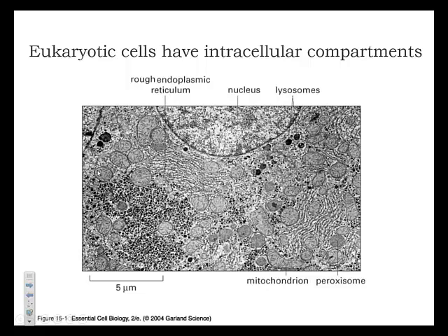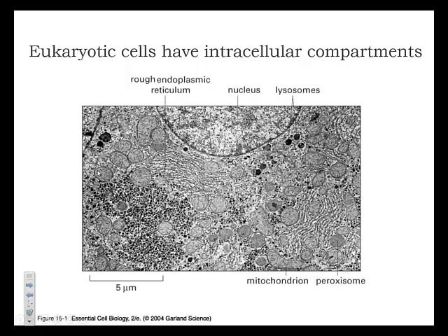Then we have the endoplasmic reticulum, either smooth or rough. What happens in the rough endoplasmic reticulum? Protein synthesis, one of the sites. What is not labeled here? That would be another important organelle in the pathway of a secretory protein.